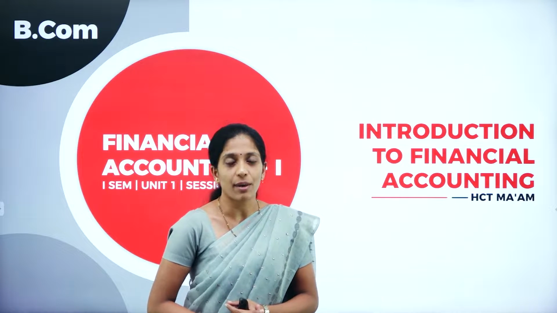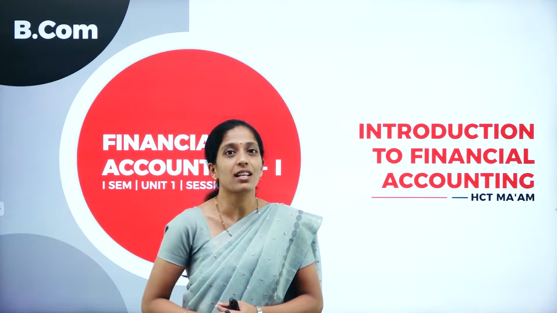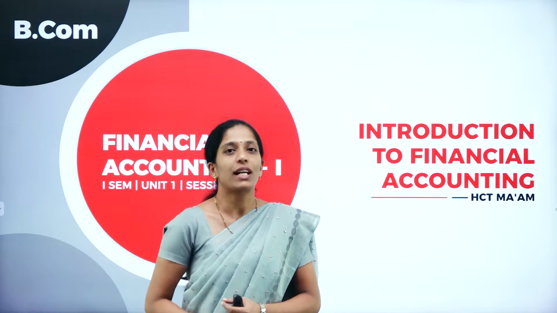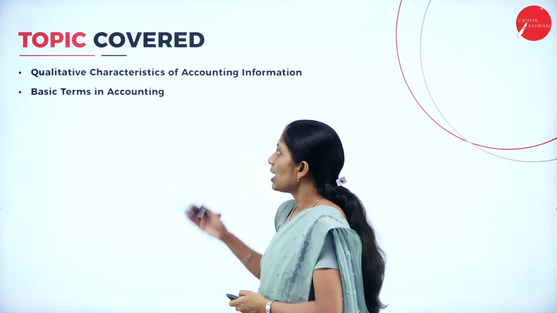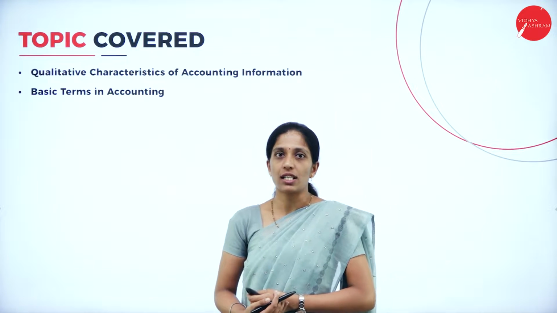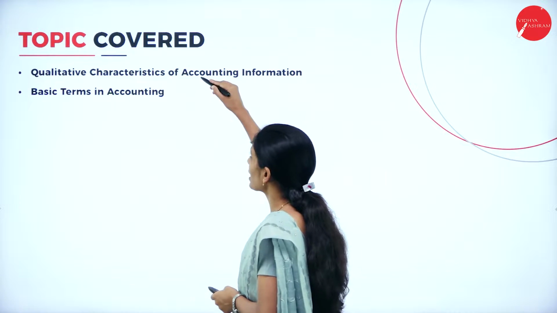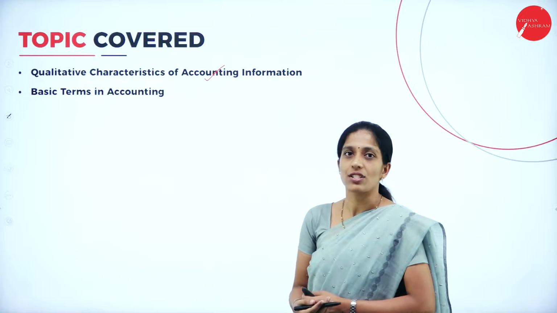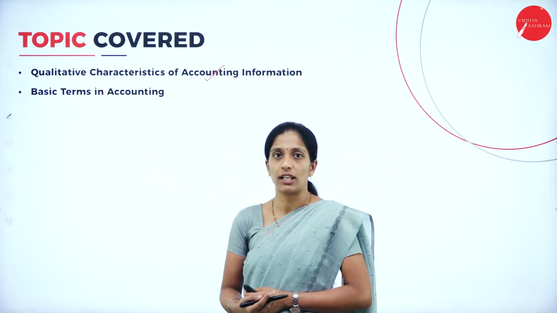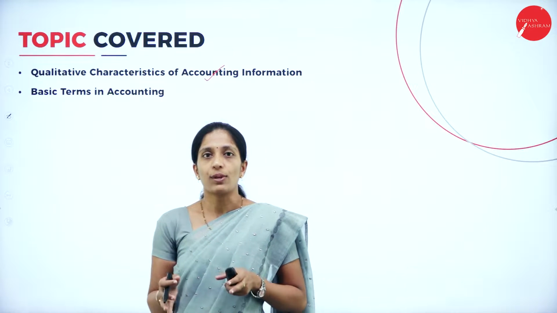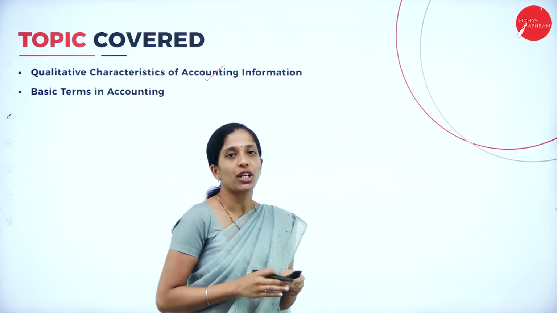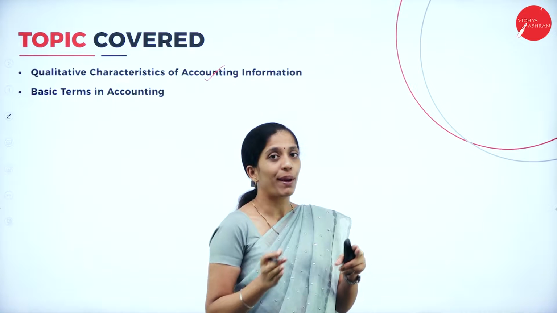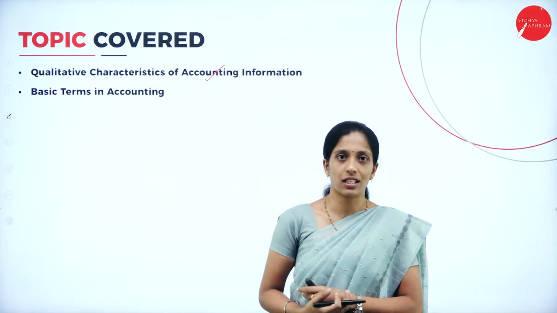So we were discussing about all the terms, that is basic terms used in accounting. So let us quickly recall what we have discussed in a previous session. In the previous session, we were discussing about qualitative characteristics of accounting information. Once the accountant has prepared the accounting information, it has to be communicated to the users, whether internal users or external users.